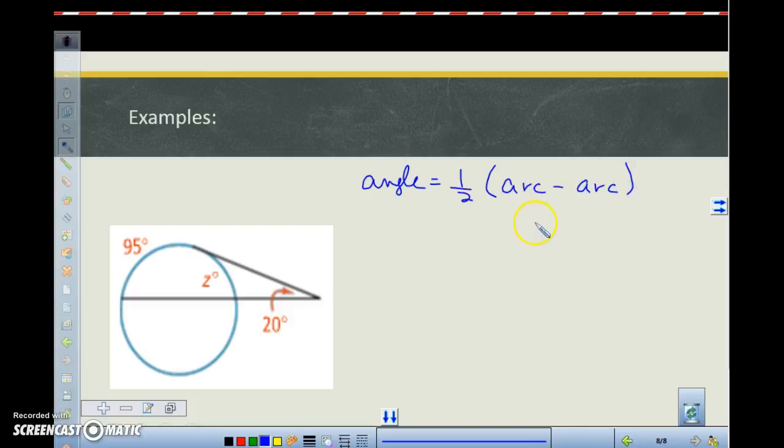Okay? In words. So our angle, we know what our angle is, so I'm going to substitute 20 degrees equals 1/2. Which arc do you think is bigger, the 95 degrees or the z? 95, okay. So we're going to say 95 minus z. And we're going to have to solve for z.